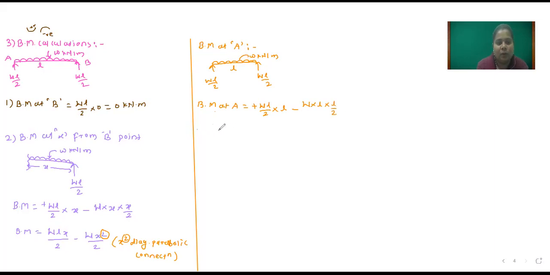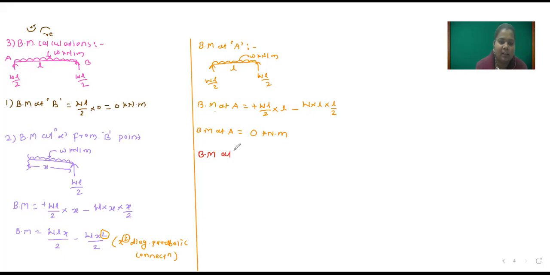Therefore bending moment at A point is plus WL square by 2 minus WL square by 2, which is equal to 0 kilonewton meter. So bending moment at A is equal to 0.